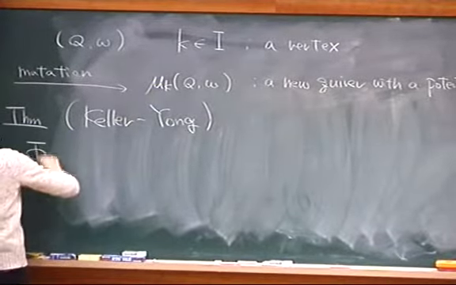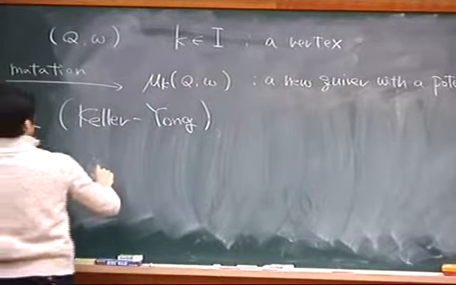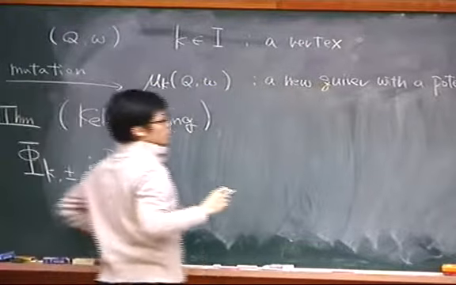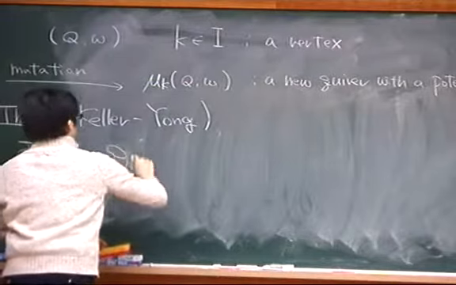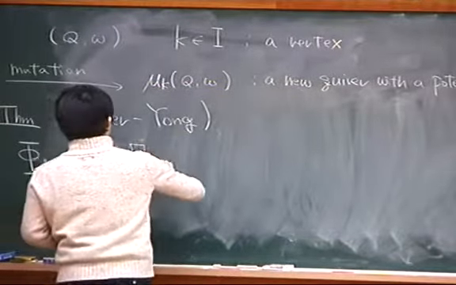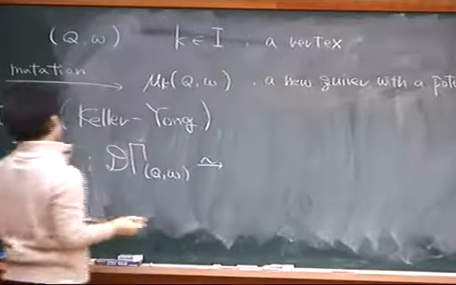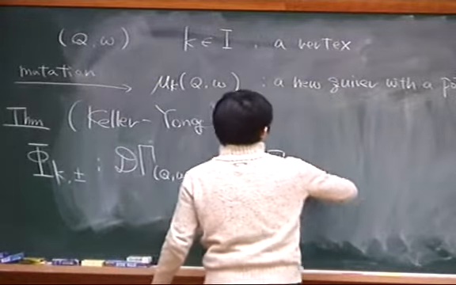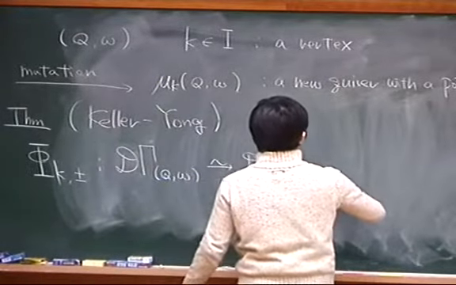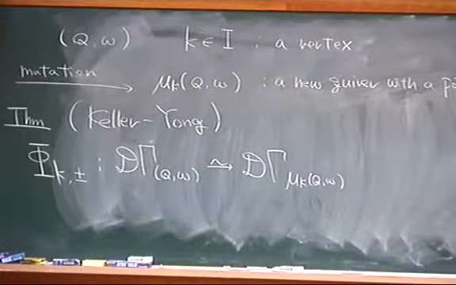We have actually two derived equivalences between the derived category associated to the quiver with potential, the original quiver with potential, and the quiver with potential given by the mutation.